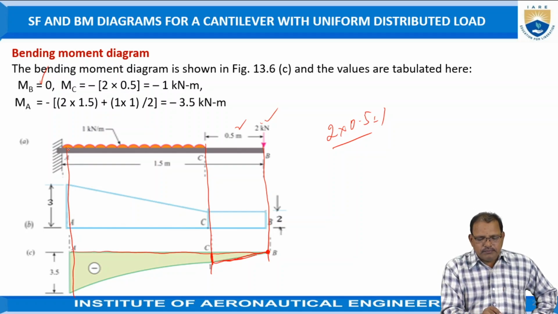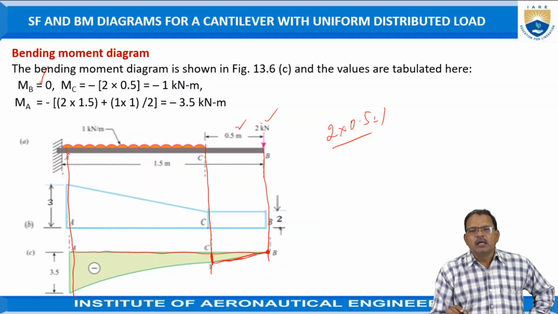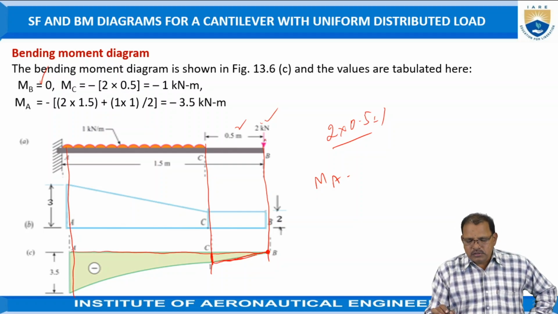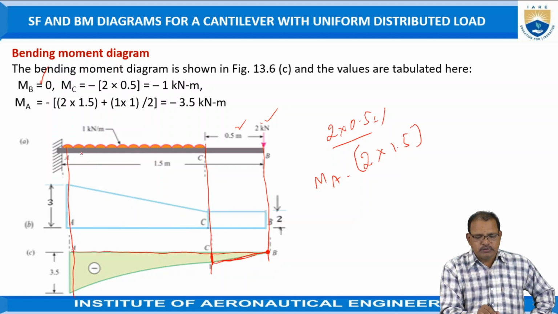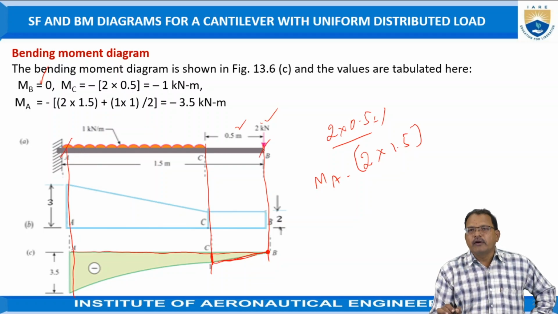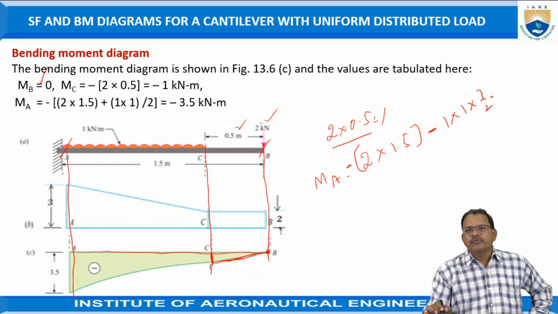Now the bending moment at A is equal to, first of all we are considering the effect of the point load, that is 2 into 1.5, 2 into the distance between these points, which is 1.5. It is negative. And again, the effect of the uniformly distributed load, that is 1 into 1 by 2 now.